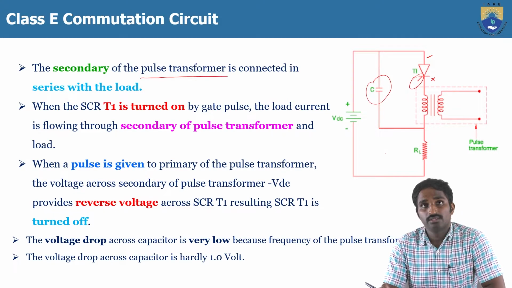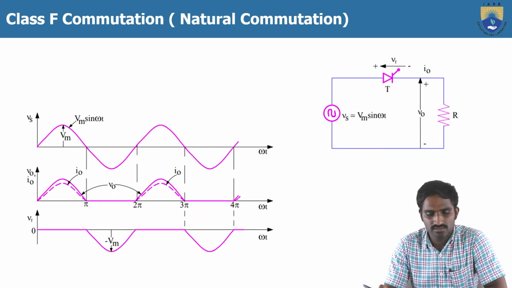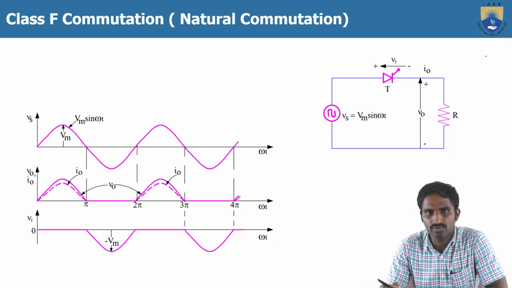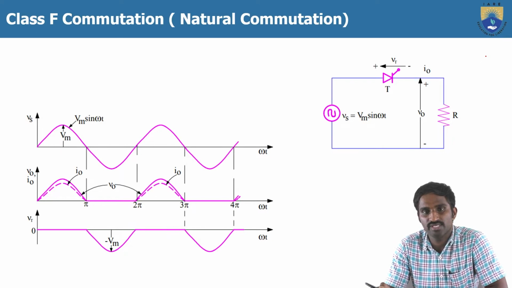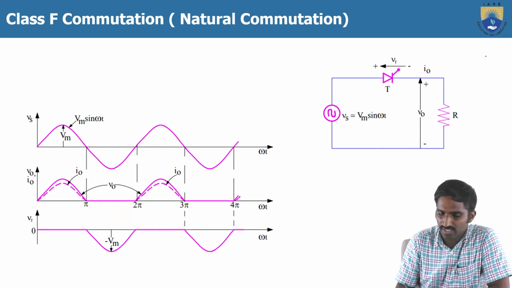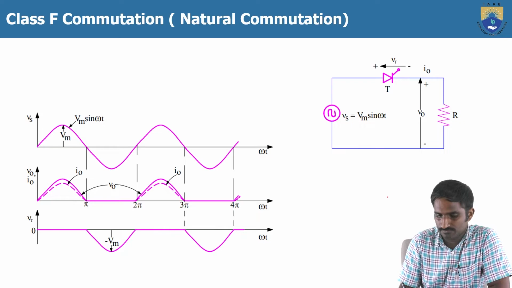Then the other commutation technique is the class F commutation, which is the natural commutation. Because as we know, there are mainly two different types of commutation based on the input supply. So if we consider a thyristor, here this is a thyristor.